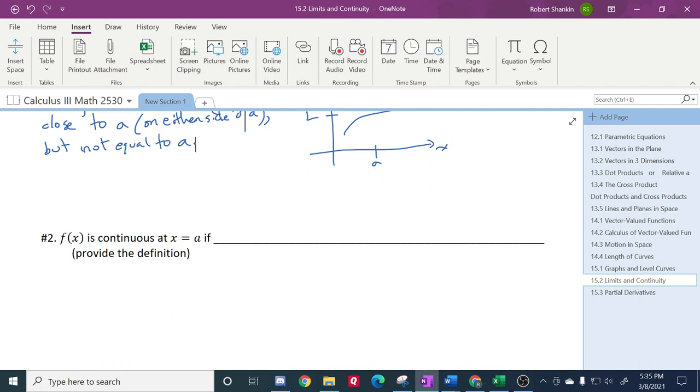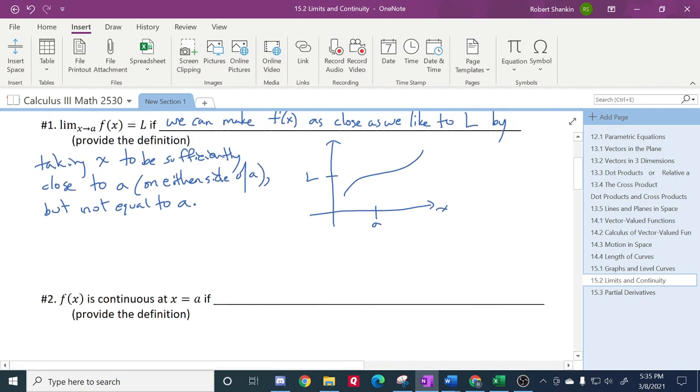And 30 seconds more. Okay, so on this one, it's if the limit as x approaches a of f of x is equal to f of a.